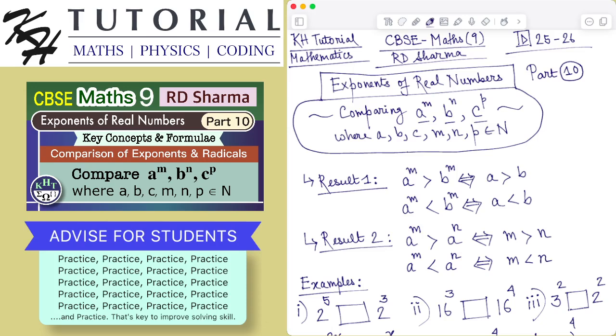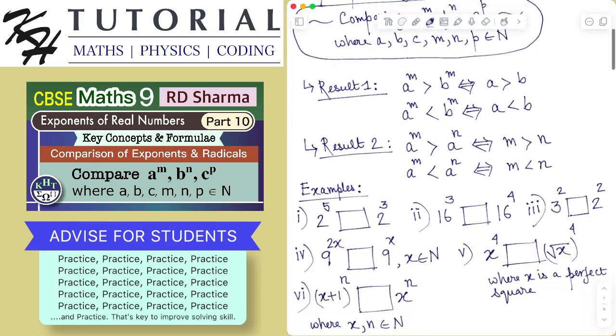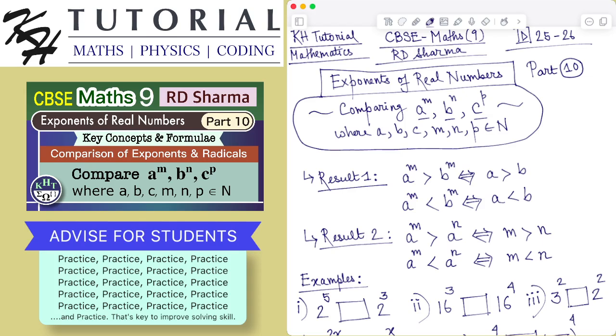Now before discussing how we compare these kinds of exponential numbers, it is essential to understand two important results. The first result is that if a to the power m is greater than b to the power m, where the powers are the same on both sides, that is m, then this will imply that a is greater than b. And also, if a is greater than b, then it will imply a to the power m is greater than b to the power m. So this is a double implication.